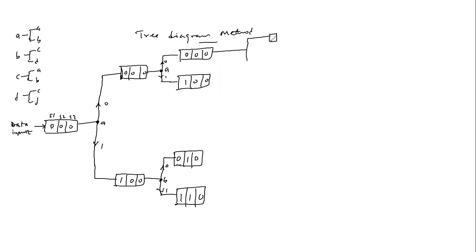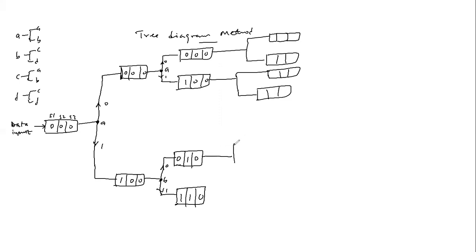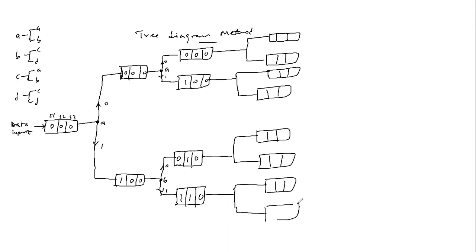And here again, we have 2 registers here, then we have 2 registers here, and once again we have 3 registers here, then we have 3 registers here, and same applies here, 3 registers here, then we have 3 registers here, then we have 2 registers here, then we have 2 registers here.